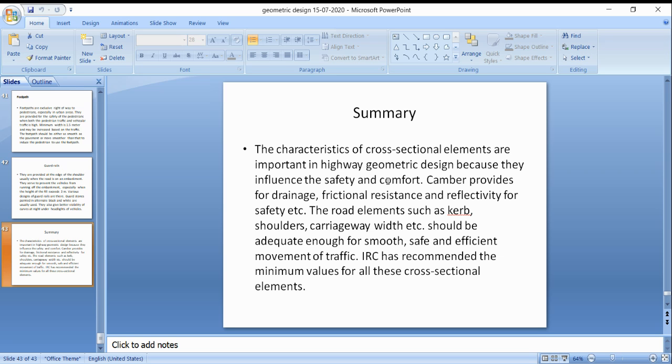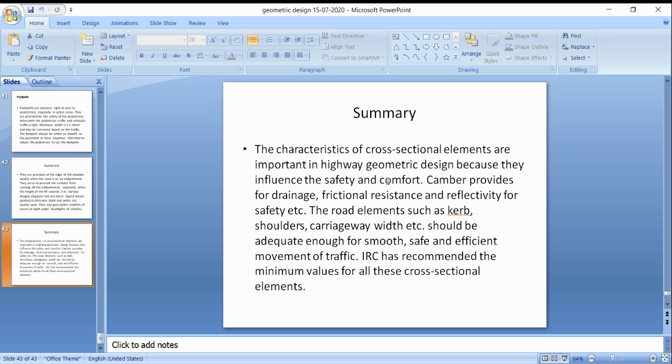So the main purpose of camber is drainage, and we also have to consider frictional resistance and reflectivity for safety. And the road elements, such as the curb, shoulders, carriageway width, and next the formation width, should be adequate enough for smooth, safe, and efficient speed for the traffic.